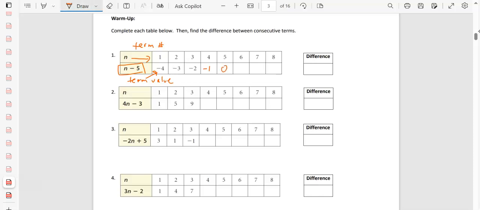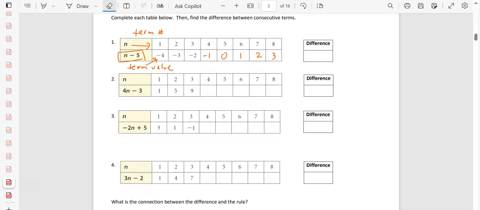If we were to continue this, that's what we would get. Now, if I give this to you as just a sequence of numbers, you're just going to see these numbers down here. So it's implied that negative 4, since it's the first number listed, is what happens when n equals 1. So go ahead and do that for 2, 3, and 4.